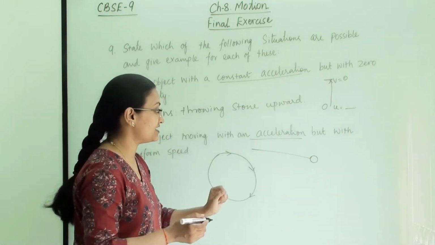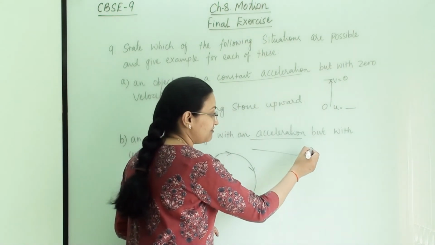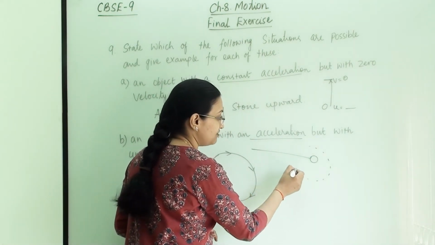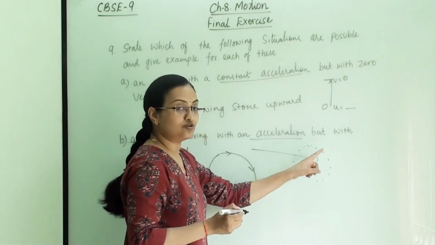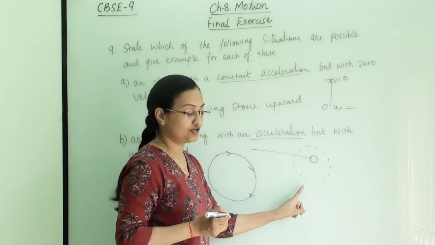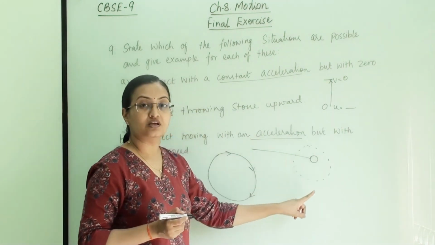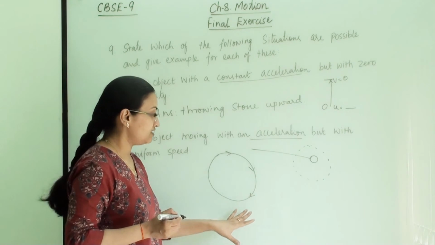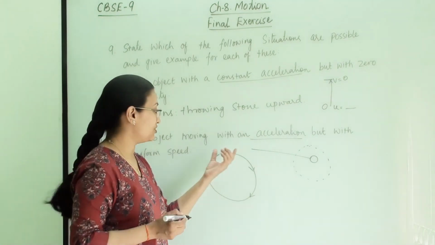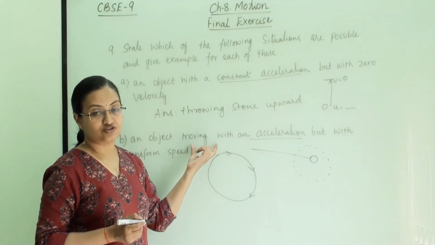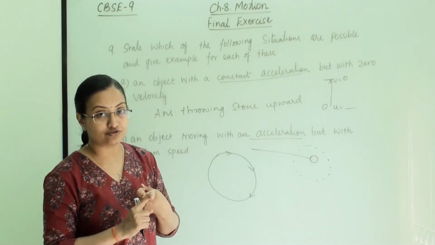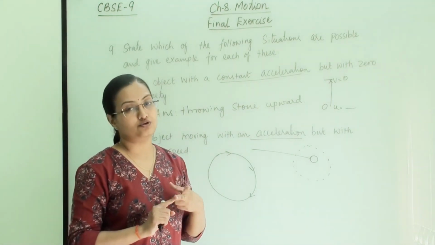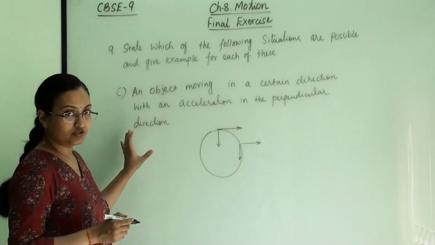In that case also, at each and every point its direction will change. It has acceleration and it is moving with a uniform speed. So either of these examples will be suitable for this situation.